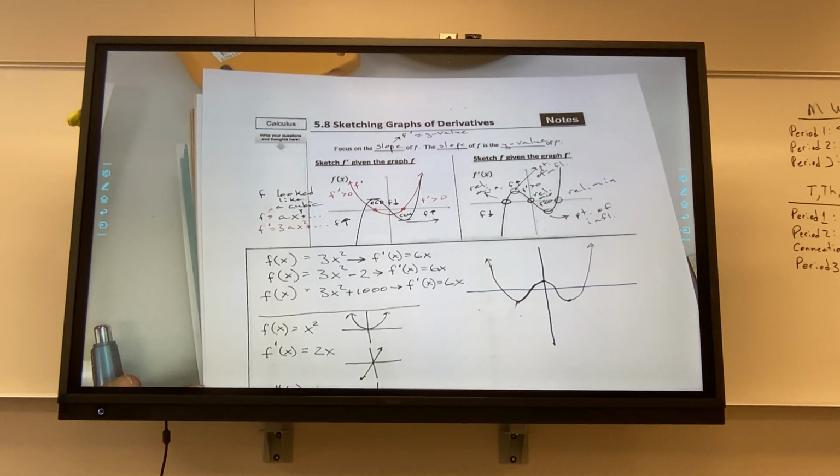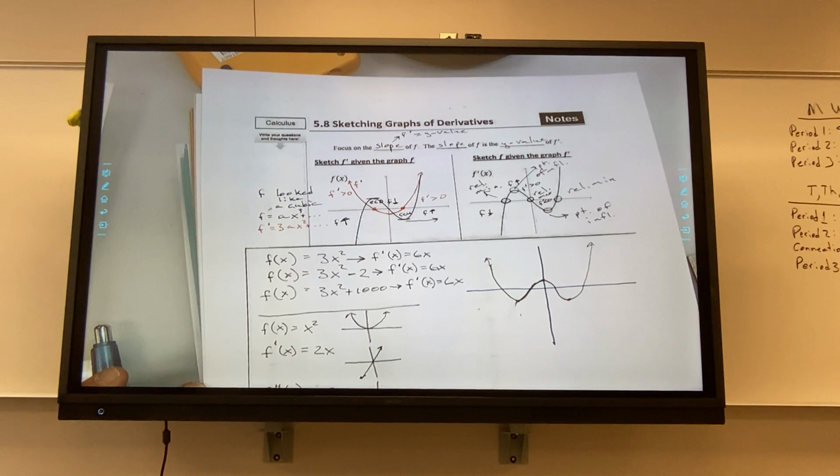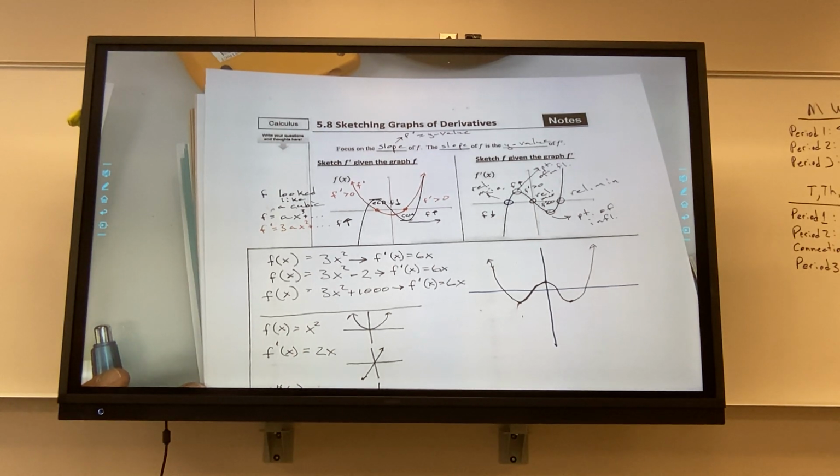Third derivative. The jerk. What's it look like? Non-existent. What's the derivative of 2? 0. How do I draw the graph of 0? That's the neat part. You don't. Yeah, you do.